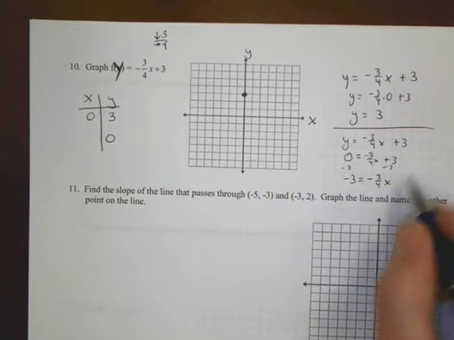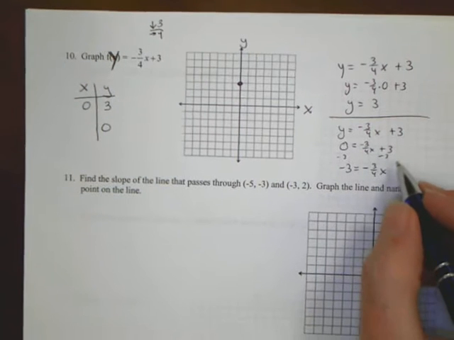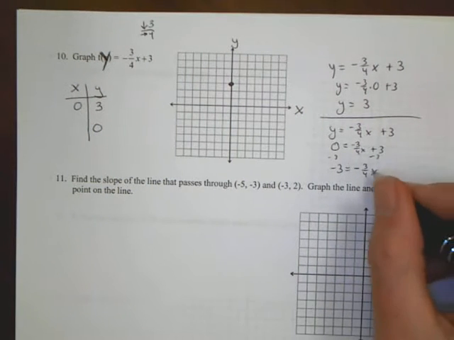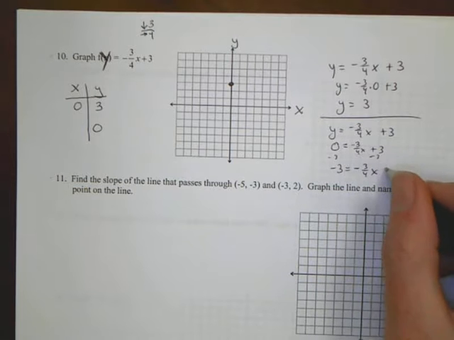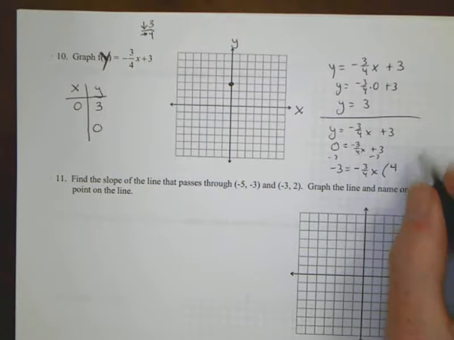I want to get the x all by itself. So to do that, what I'll do is multiply both sides by the reciprocal. So I have a negative 3/4, so I'm going to multiply both sides by a 4/3, and it's negative because I want to put a positive number here. I'll multiply both by negative 4/3, and that will leave me on this side with just a positive x.